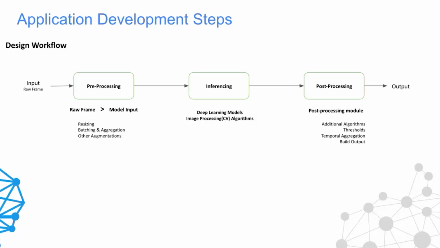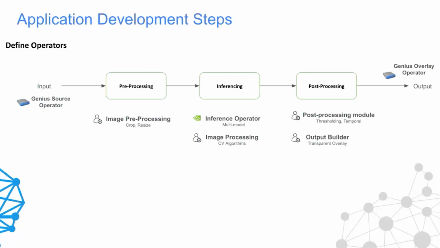Once you have designed your workflow, the next step is to convert them to operators. Over here, I'm using the GI Genius Edge Device Source Operator, which connects to the capture source and gets the live image from the endoscope to the Holoscan pipeline.